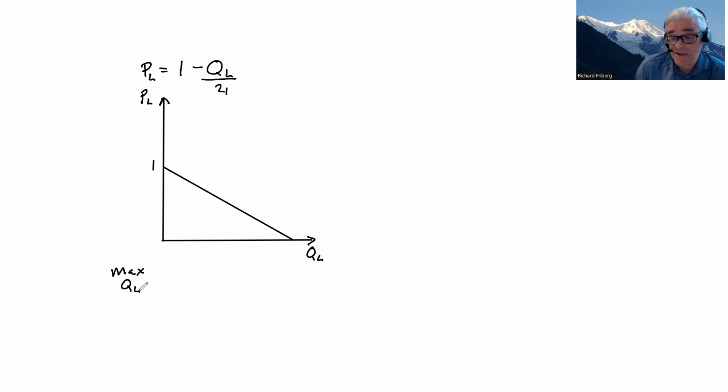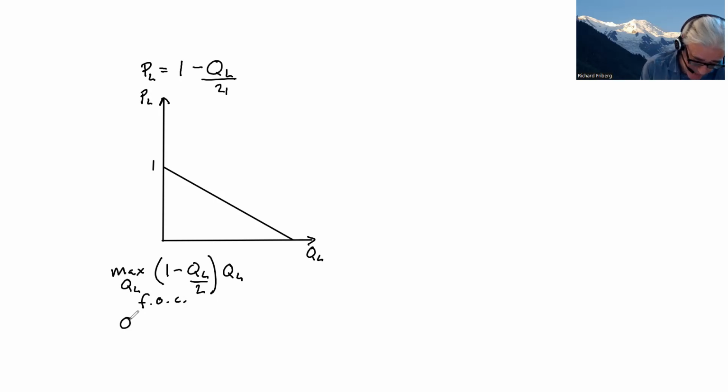So if the firm is maximizing profits, it sets quantity. So to maximize profits, what's profits? Well, it's revenue given by price, which depends on quantity, times quantity. Okay. First order condition, just as in the general case that we looked at before, given by differentiating profits with respect to QL here. So what do we get?